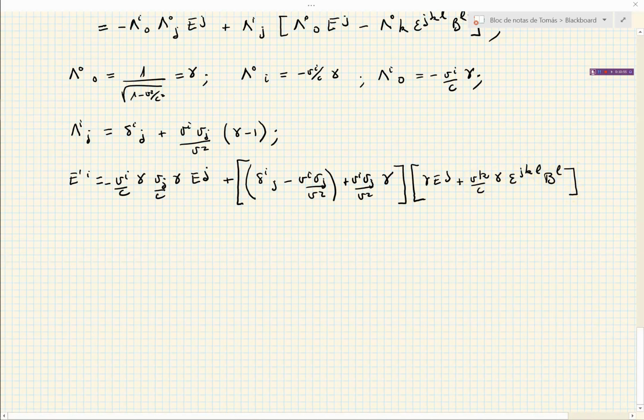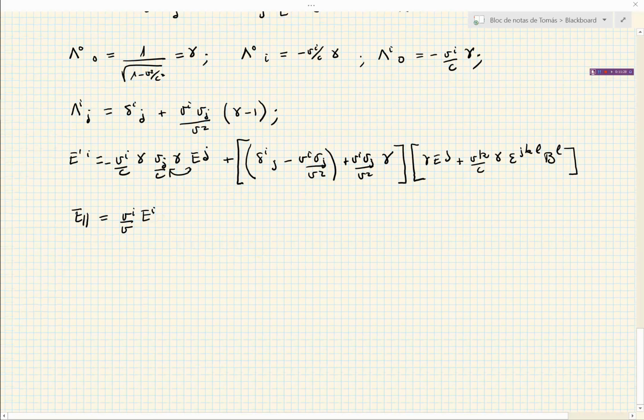Okay, since we have this kind of contractions between velocities and vector fields, we introduce the notation E parallel. I think we have done this before, as v i divided by v, this is a unit vector in the direction of the velocity, times E i. So it projects the electric field in the direction parallel to the velocity, and E orthogonal is the complement.